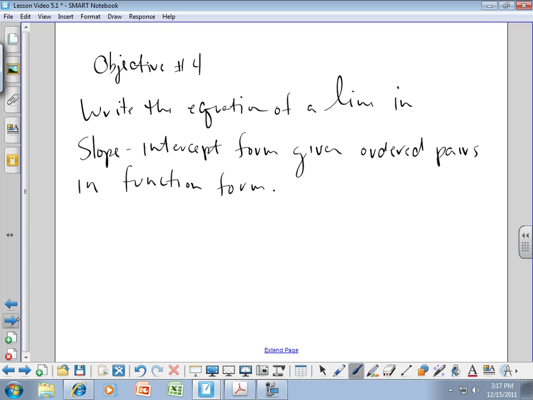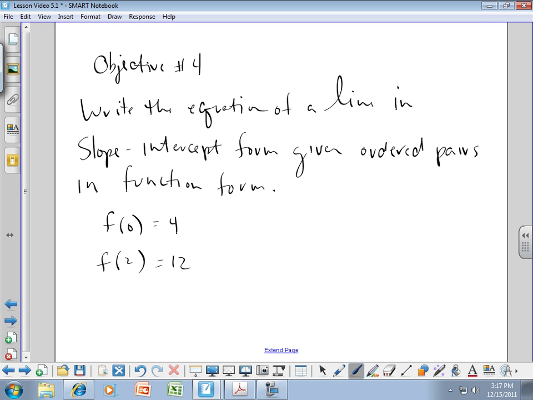Now there's one other thing that they're going to do here. They're going to give you some ordered pairs, but they're going to be disguised. They're going to be in what they refer to as function form. And you've seen this before, okay? They're going to tell you that f of 0 equals 4, and they're going to tell you that f of 2 equals 12.